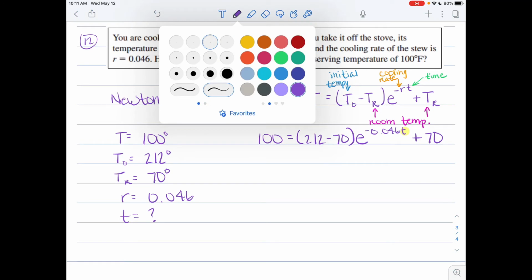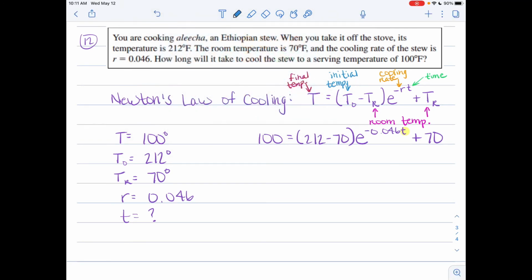The first thing we want to do is work on isolating this term, just like we kind of did previously. We want to make sure that we get the thing that has the base of an exponent raised to an exponent by itself. And we'll do a little simplifying as we go along too. I'm going to move 70 to the other side with the 100. That'll give me 30.